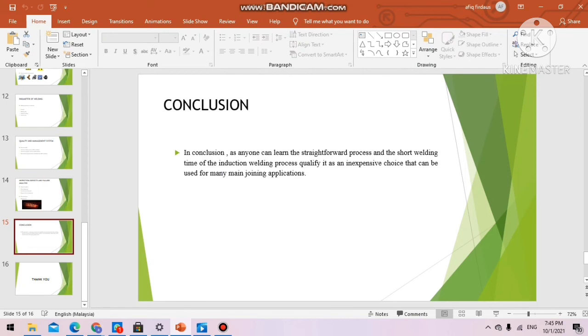Induction welding should also be expected to be used more commonly in the coming years than now, since this method of welding is more practical and less expensive relative to other types of welding. In addition, several researchers have done a lot of research related to induction welding in order to further improve the process for improved efficiency and consistency of welding.